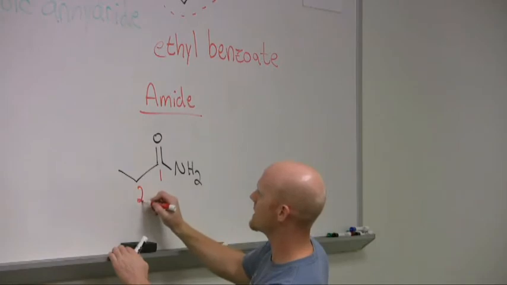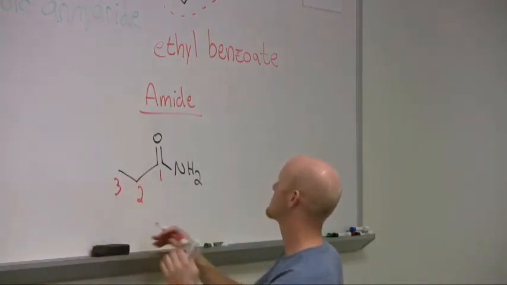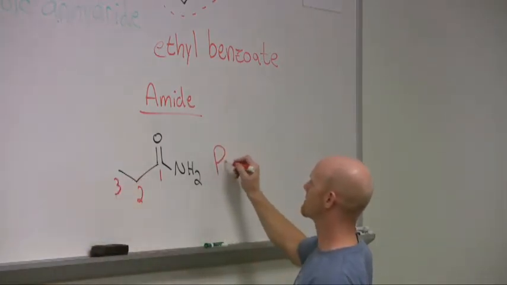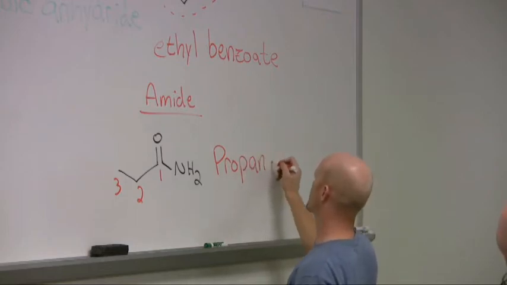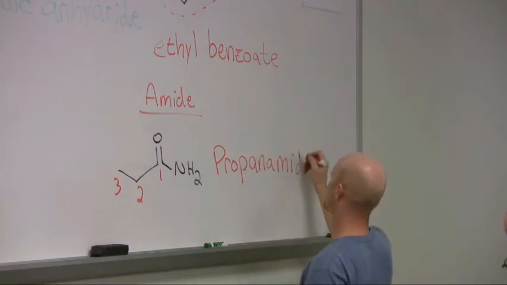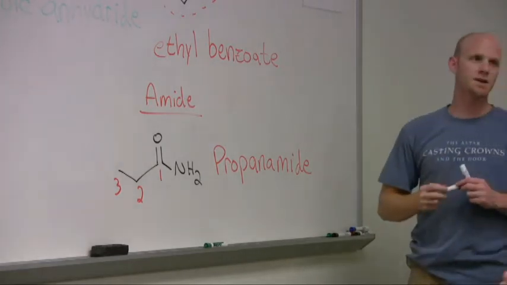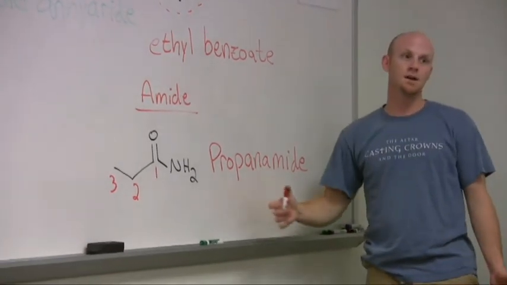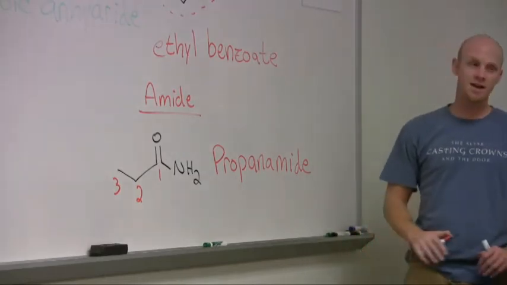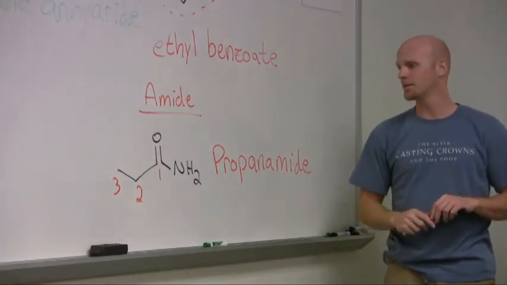Yeah, these are anchored to the end of the chain too, just like carboxylic acids. We're just going to call this propanamide. And again, since it's anchored to the end of the chain, no reason to say one. And if you include the one, you say one propanamide, it's actually wrong. So don't include the one.